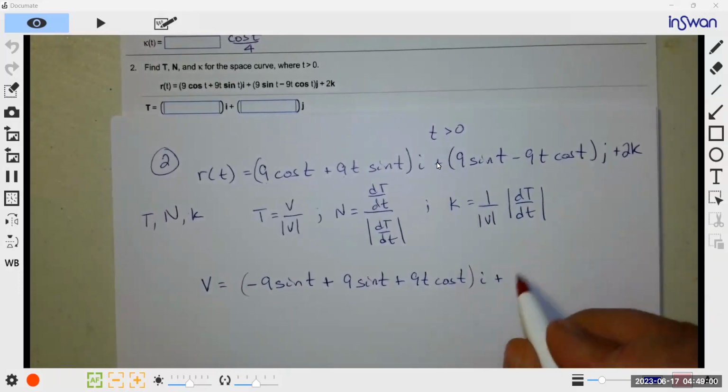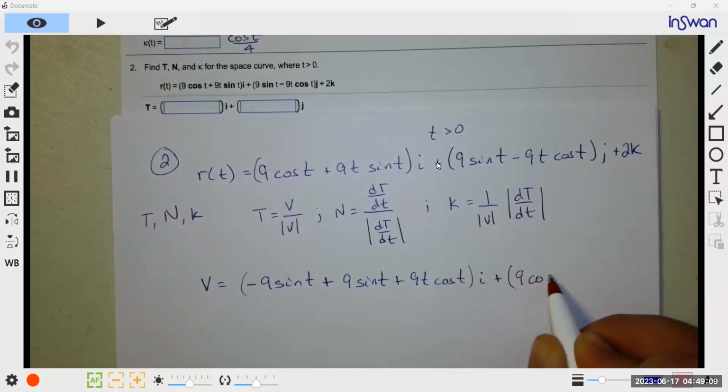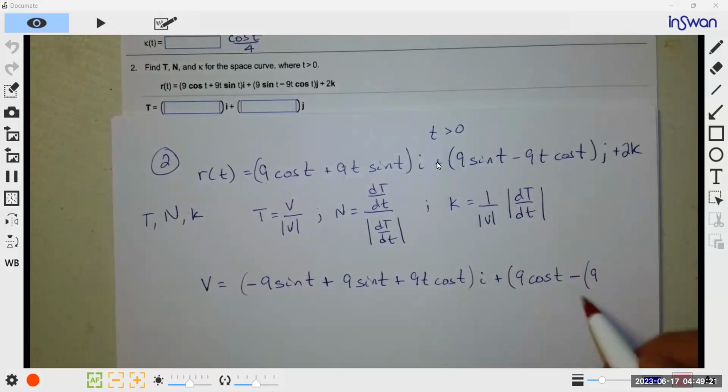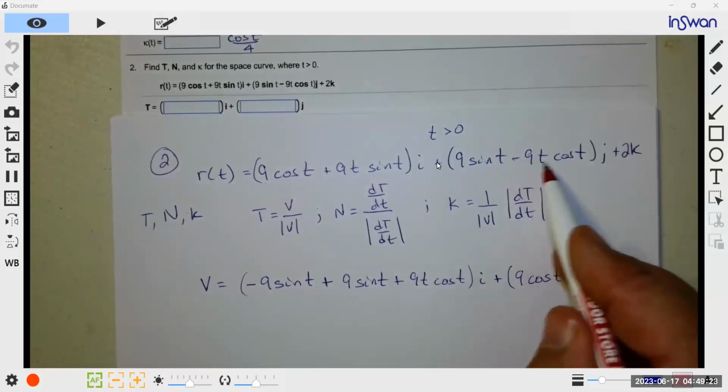Same with the second one: derivative of sine is cosine, minus the derivative of 9t, which is 9. I put a parenthesis there because now this negative sign is going to change everything.